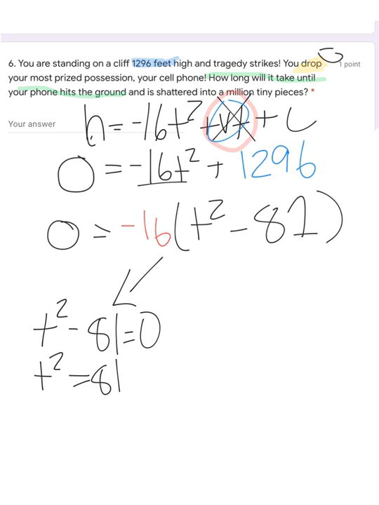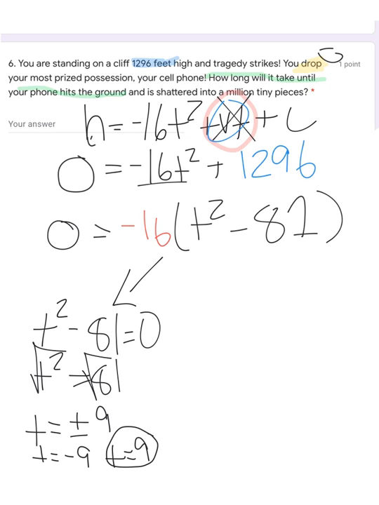We've seen problems like this before. You can take the square root of both sides, and you get t equals, and remember from way back, there are two roots, a positive and a negative. So we have two options: t equals negative 9 and t equals positive 9. T stands for seconds, so the only logical one is a positive 9 seconds. So you could have approached it that way.